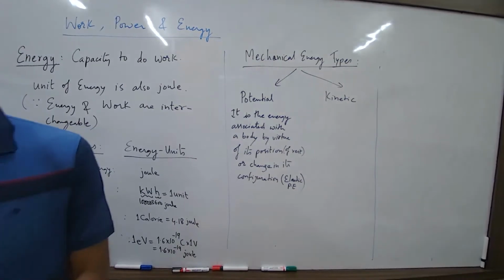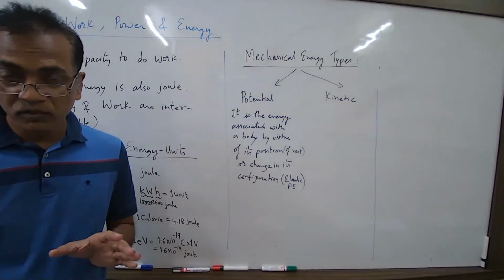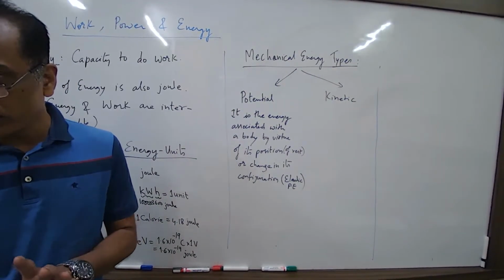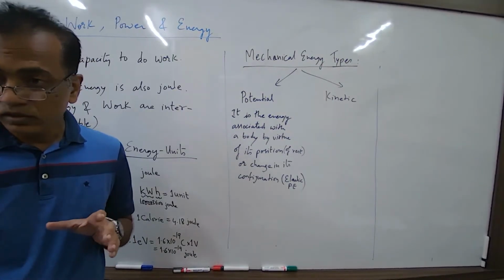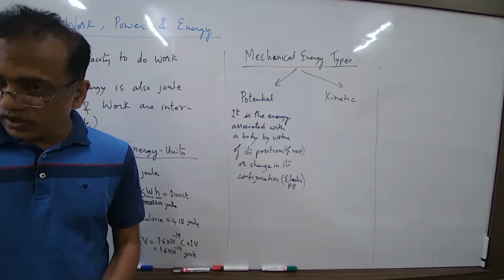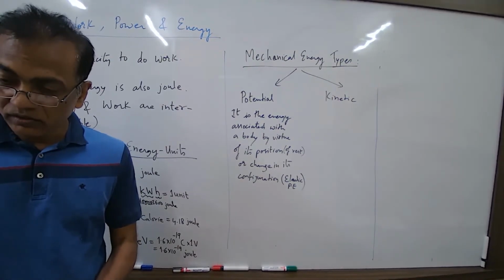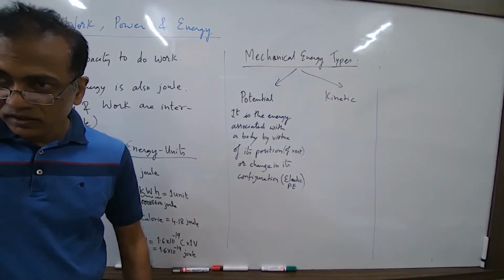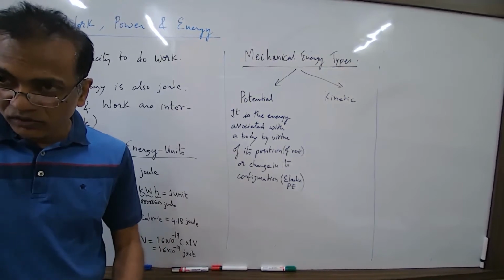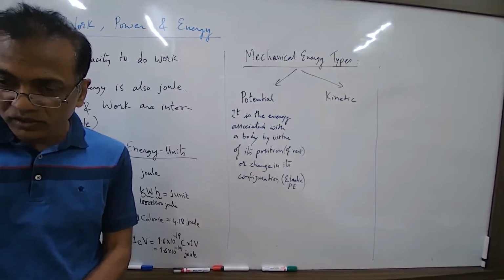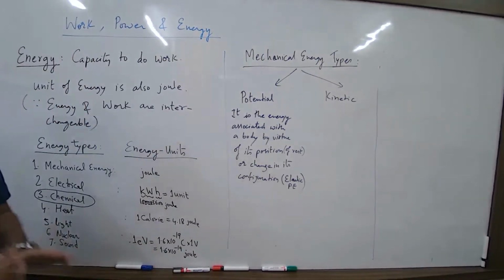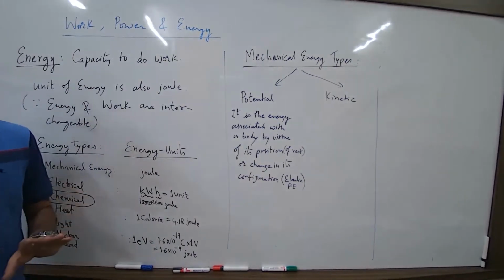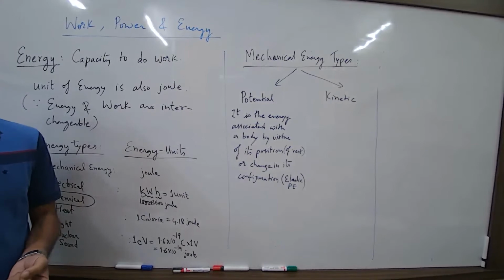In rubber, it is an elastic body, so it will try to regain its original state. So I am working against the restoring force. Or a spring: a natural relaxed spring is its original state. When I stretch, there is a restoring force in the opposite direction. When I compress, again the restoring force is in the opposite direction. So whenever you are working on an object against some force, potential energy enters there.